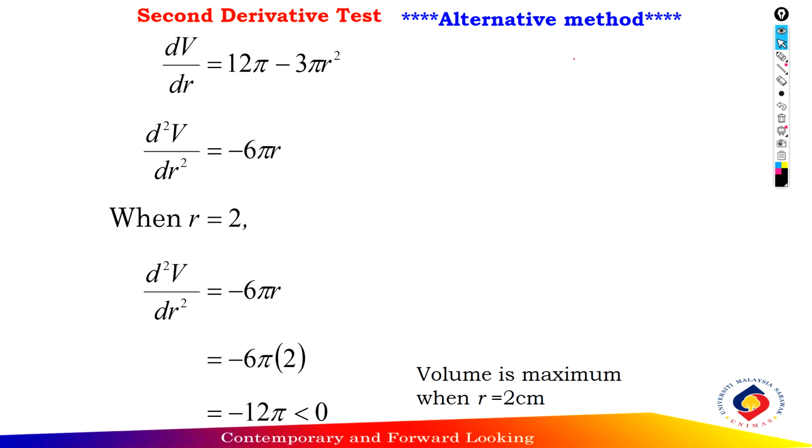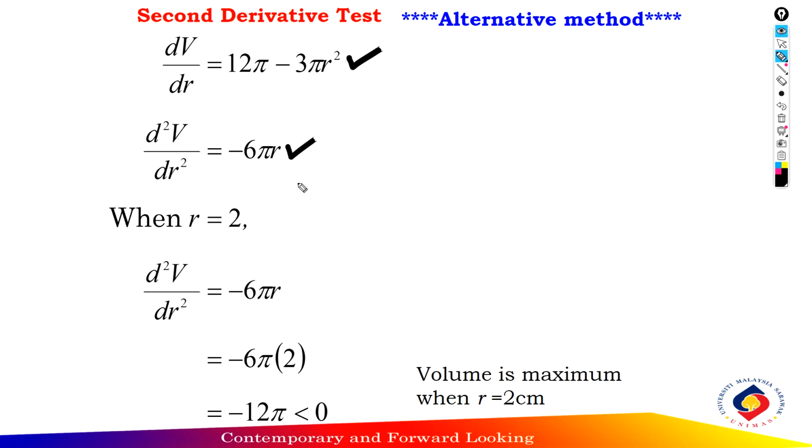Or you can use the second method, the second derivative test. You find the first derivative, 12π minus 3πr², and then the second derivative, negative 6π times the radius.